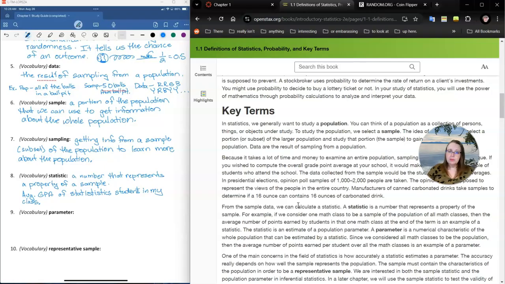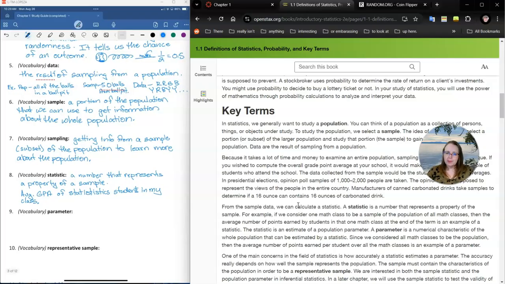And I could use that maybe then to say something about the average GPA of statistics students in all of the different sections of statistics. Or I could use it to say something about the population of all students at VTSU. But yeah, it's a number. So it could be an average. It could be a median. It could be a mean. It could be anything that we could use to describe that sample. That's a statistic.